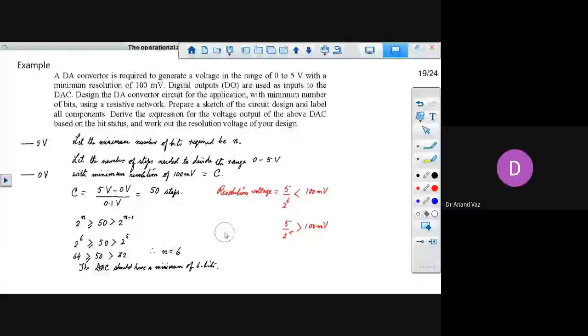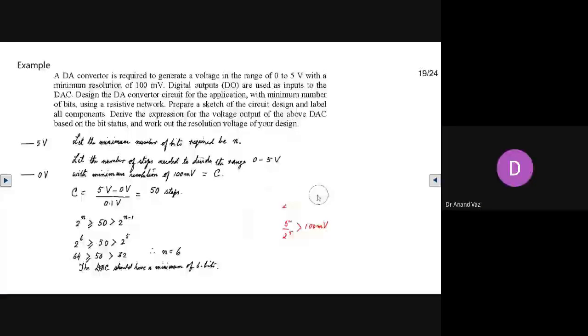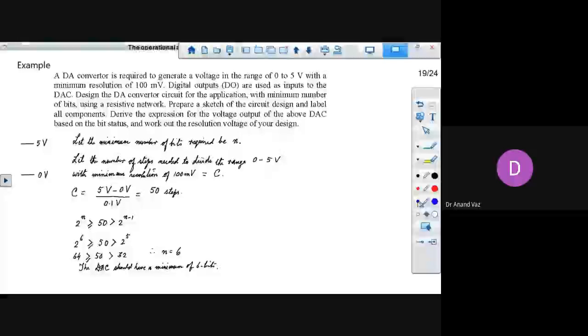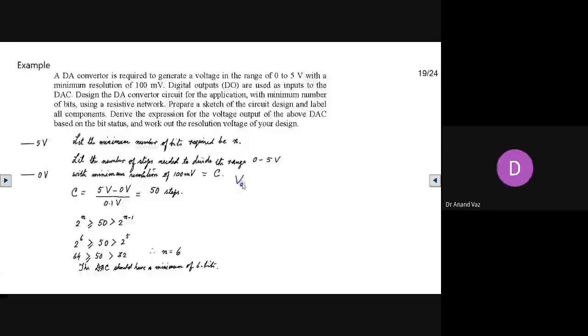So I'll just erase this, and this part will change the color so that we have to obtain the output, V DAC, V output, and that is going to be, if we ignore the negative sign, 2 raised to 5 because we have 6 bits.